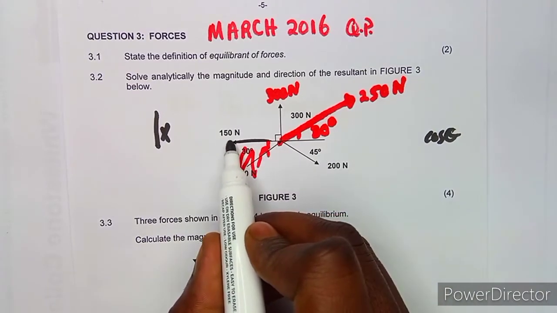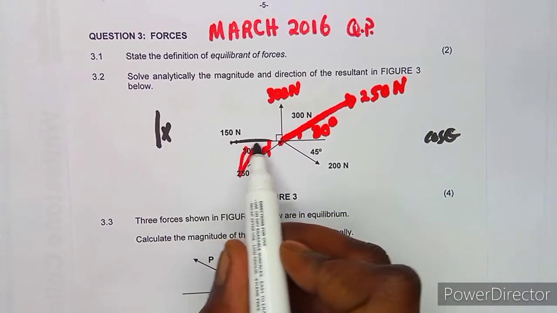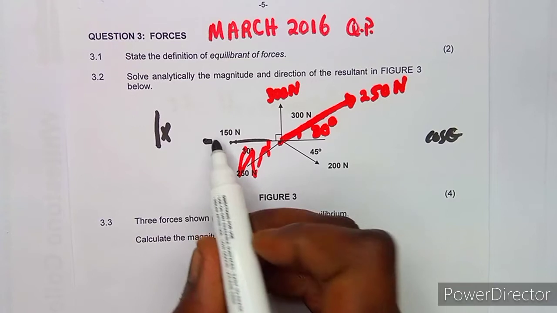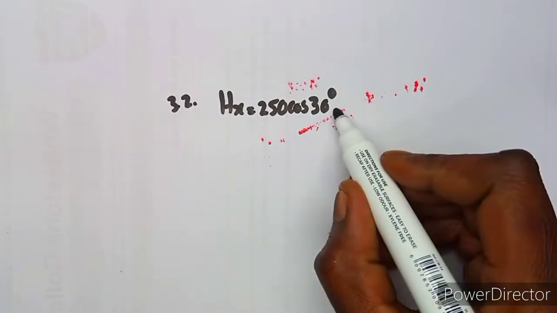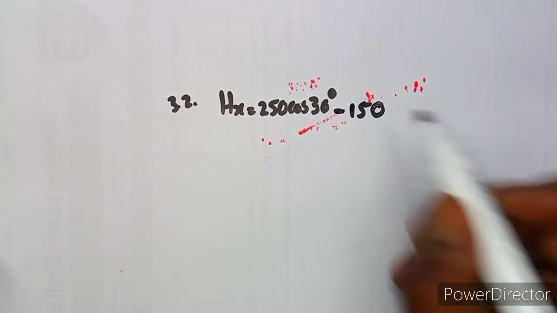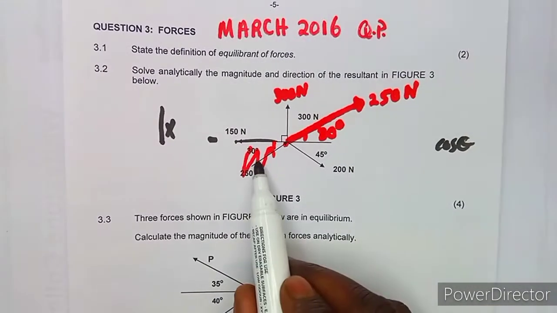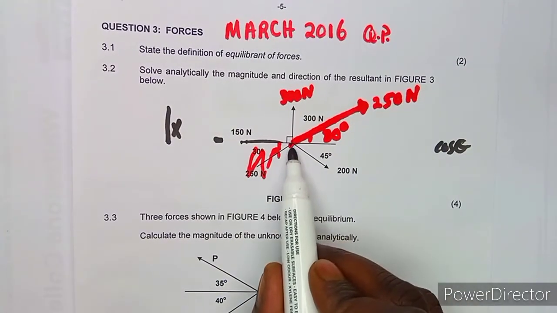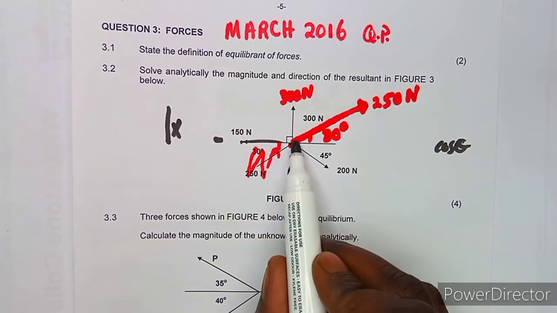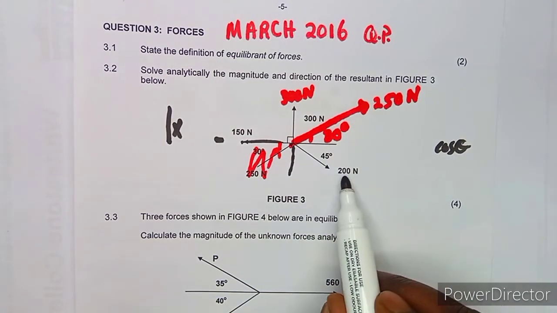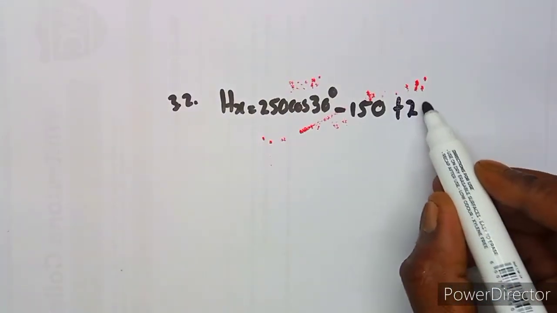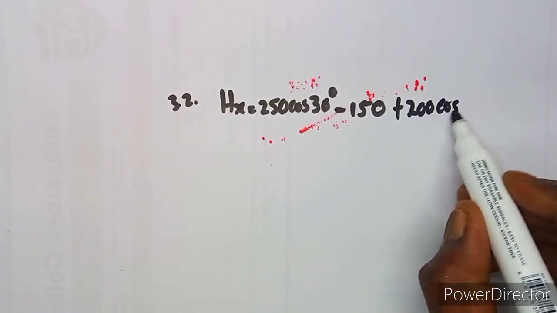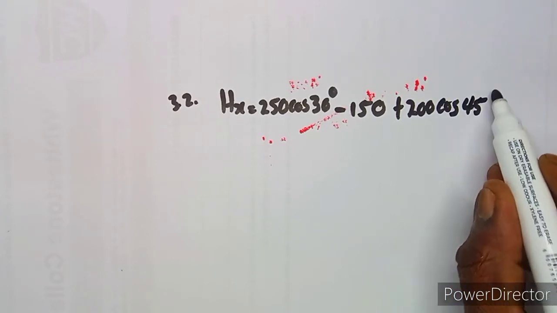Then this one is a straight horizontal, but on the left, which is negative, so it's going to be negative 150. Now you're left with this one here. It is on the positive, so it's going to be 200 cos 45 degrees as a positive.